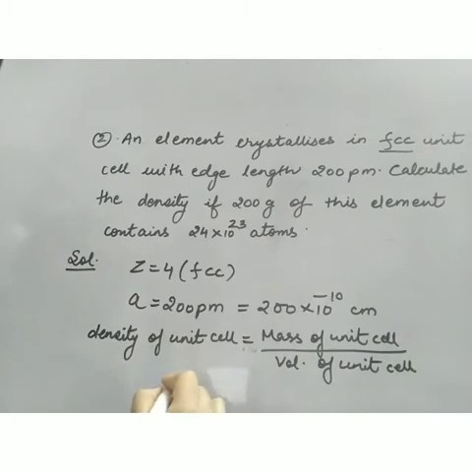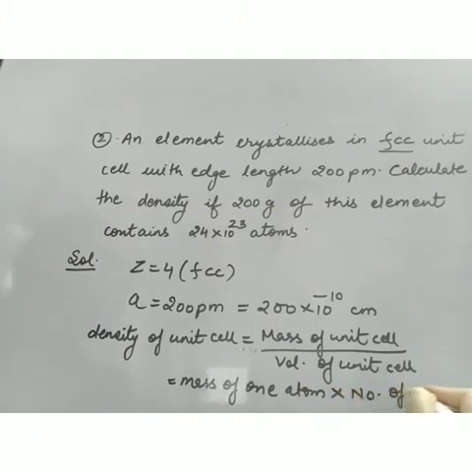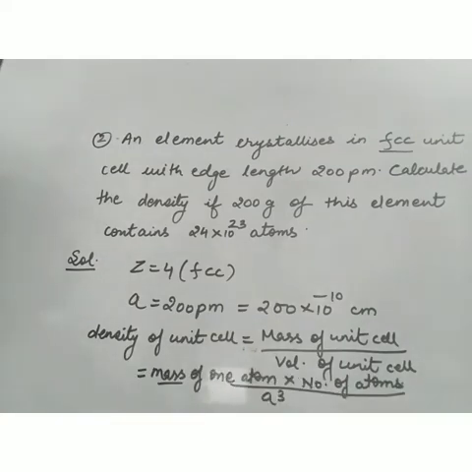Now what is the mass of unit cell? Mass of one atom into number of atoms, and volume we know, volume is A cube. So mass of one atom multiplied by number of atoms divided by A cube.